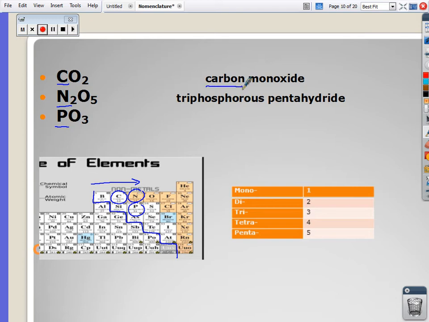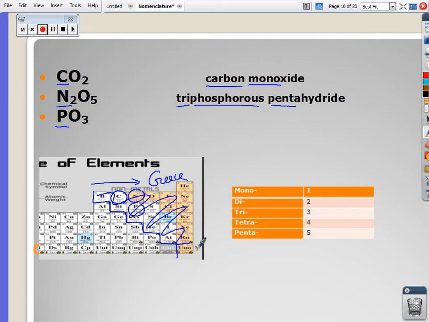So why are we going to use tri or penta or mono? Because we are in Greece, so you speak Greek. And where's Greece? Everywhere on this side. That's where the nonmetals live.